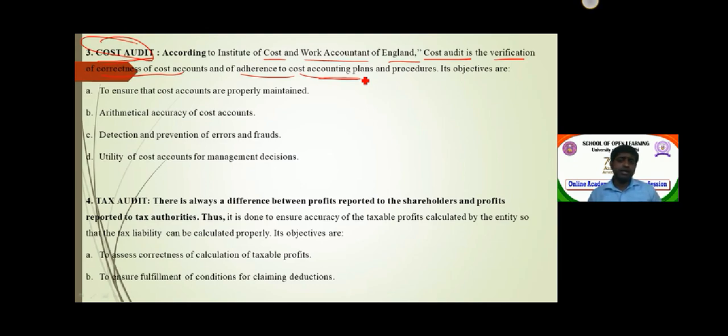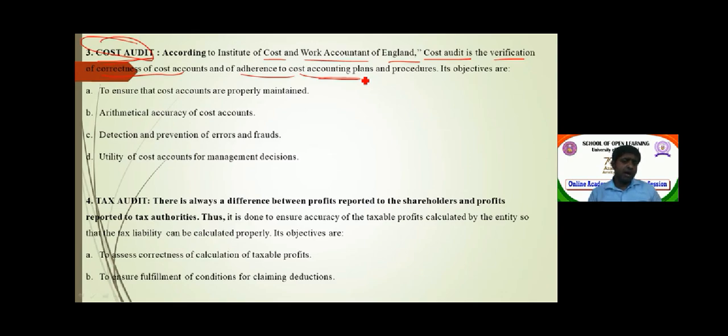That means whatever the activity in which you are engaged, if it is associated with the estimation of cost, or accounting of the cost, or cost planning, then of course you are supposed to go through this cost audit as well.